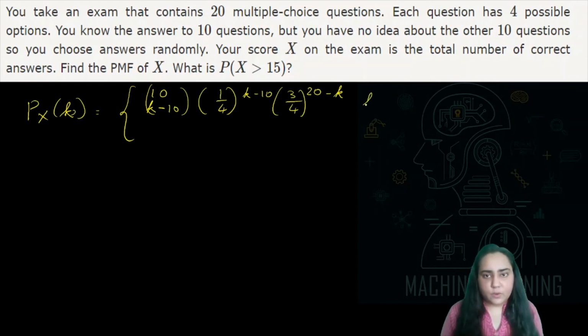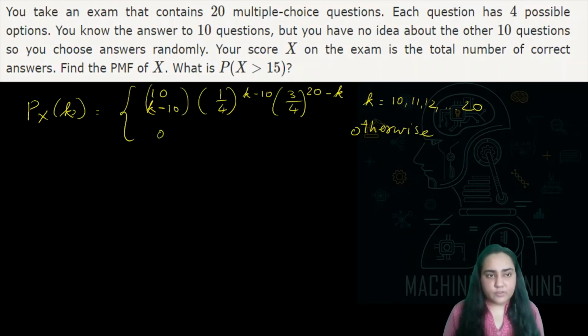This applies for all values of k that lie between 10, 11, 12, up to 20. And it is equal to 0 otherwise. So this is what we have. This is what we know about the PMF of x.